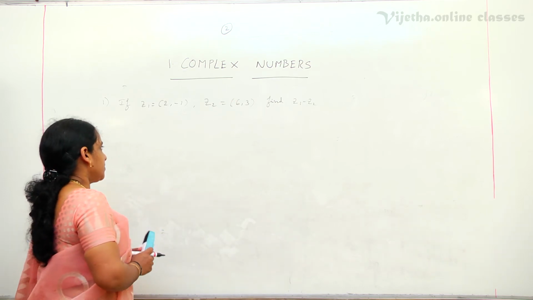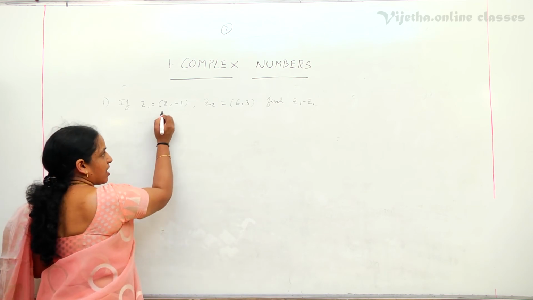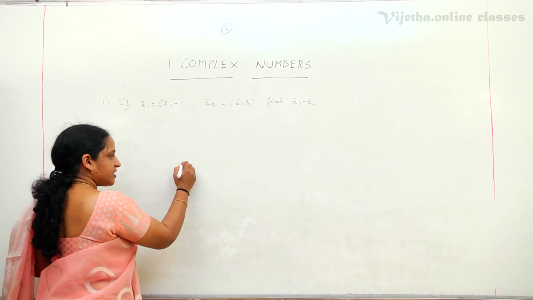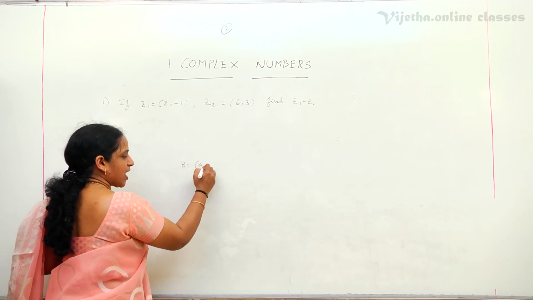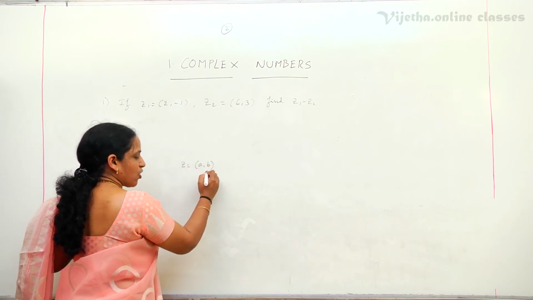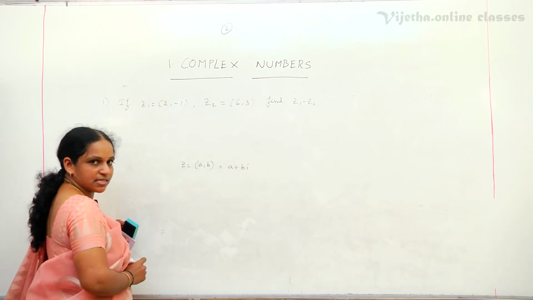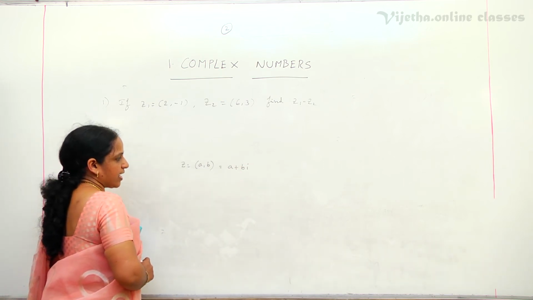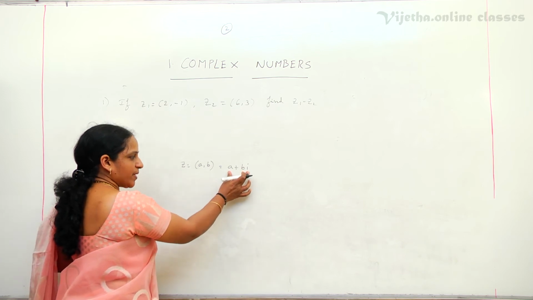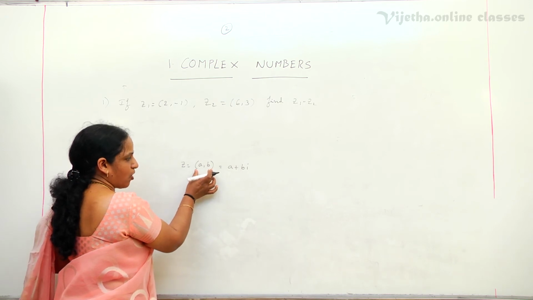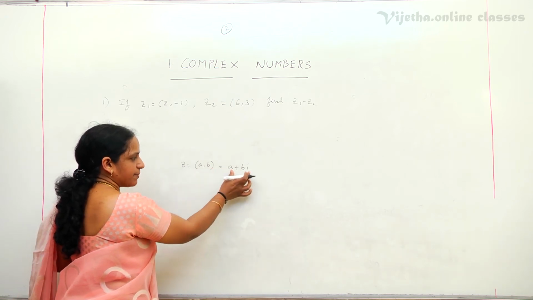In this problem, Z1 and Z2 are given in the form of ordered pair. Already we know that if Z equals ordered pair a comma b, then it is a complex number of the form a plus bi. Ordered pair a comma b means a plus bi.